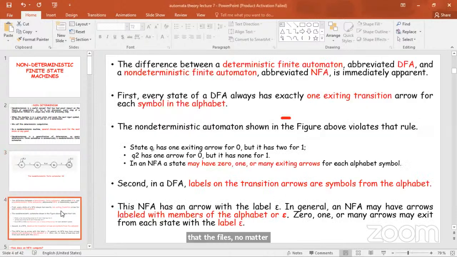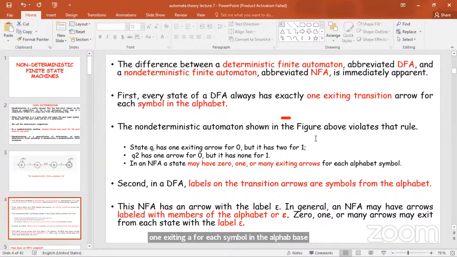So let's look at the note following. The difference between a deterministic finite automaton, abbreviated as DFA, so we'll be using DFA and NFA, and a non-deterministic finite state automaton, abbreviated as NFA, is immediately apparent. First, every state of a DFA always has exactly one exiting arrow for each symbol in the alphabet.